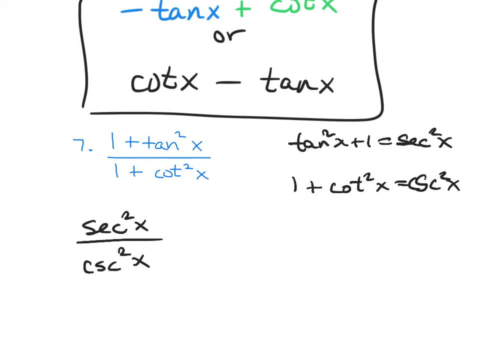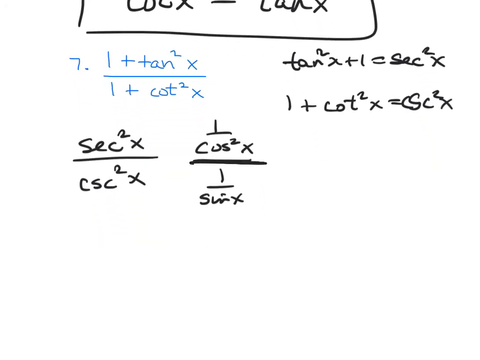But again, remember, we don't want to leave things as fractions, so we're going to turn them into their reciprocals. Cosecant is 1 over sine. Oh, no, secant is 1 over cosine, and then this one is 1 over cosine. And again, we're going to do keep, flip, change, because this is the division bar.